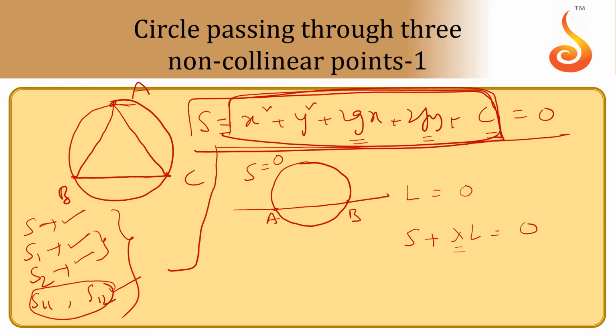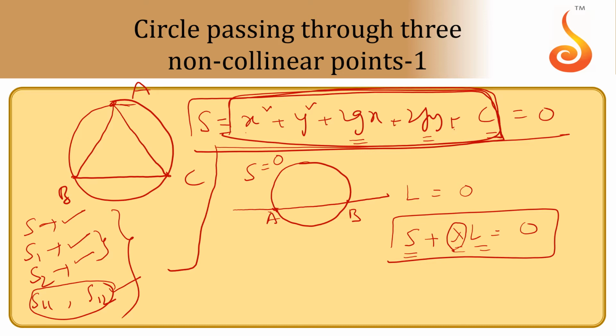Now let us observe, S is x square plus y square plus 2gx plus 2fy plus c, and L is our line, let us say lx plus my plus n. If I substitute the point A in this locus, irrespective of the value of lambda, it should satisfy, because A lies on S equal to 0, and A lies on L equal to 0 also.